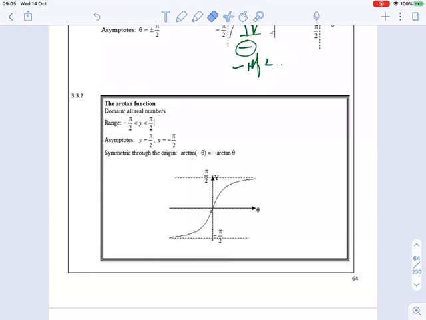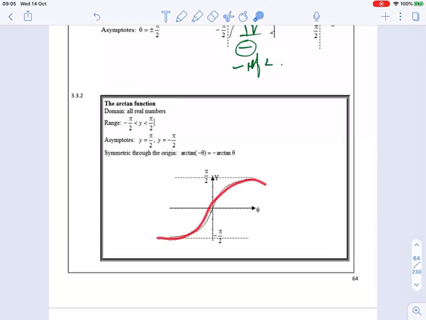Now once again, for your tests and for exam purposes, you will be asked to draw the arctan function and give the domain and the range. So please make sure about that: the domain is all the real numbers, because this graph is carrying on to the left and to the right forever. And the range here is between minus pi over 2 and pi over 2, because we've got an asymptote there and an asymptote there, two horizontal asymptotes.